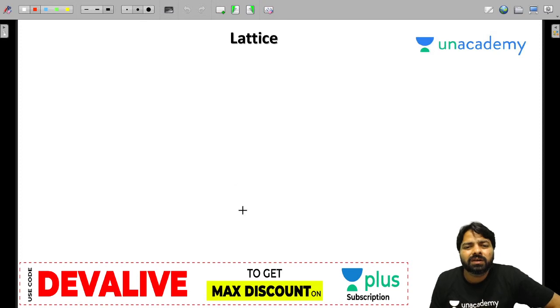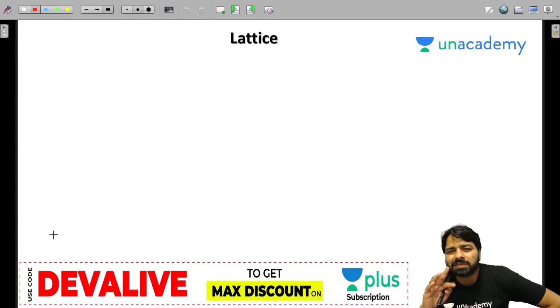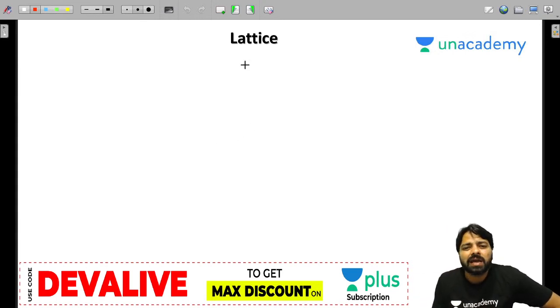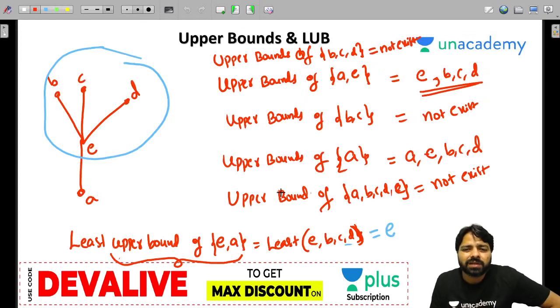Okay. Now what is a lattice? Whatever I have been teaching so far, I was doing all this to understand lattice. A lattice is basically a poset, but every two elements, not like all this you were doing with 2 elements, 3 elements, 5 elements, 1 element.